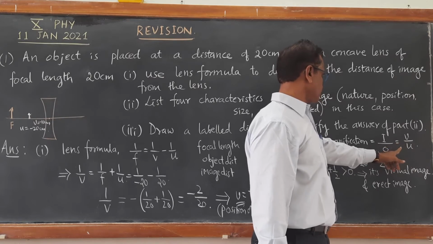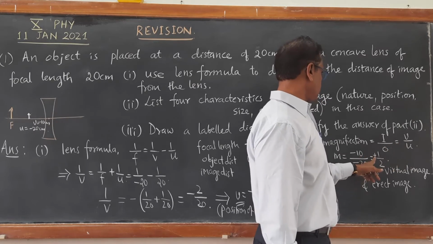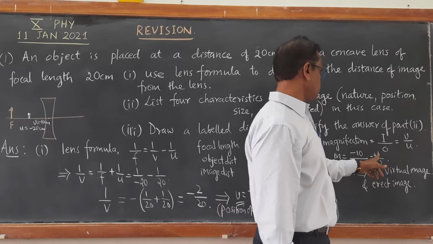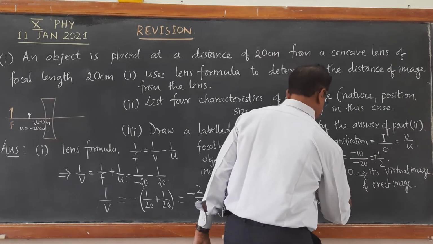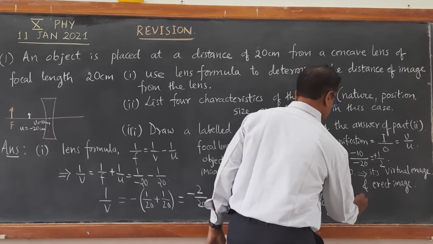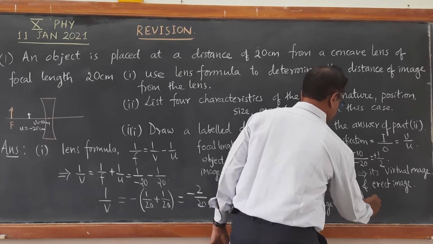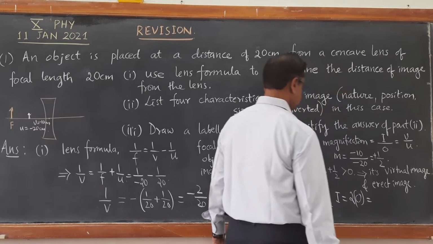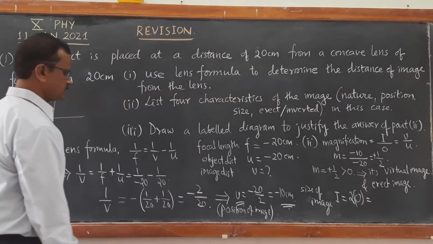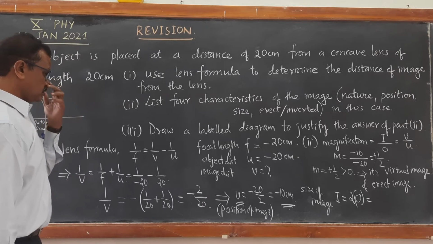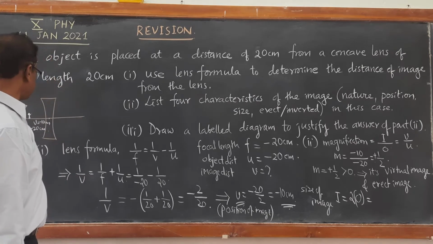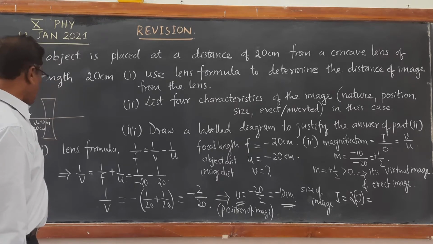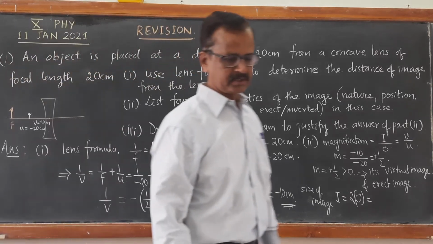So V by U is equal to M. So it is implying that V is equal to 2M. So I is equal to 2 times O, that is, size of the image is 2 times magnified. Size of the image should be half of the object.